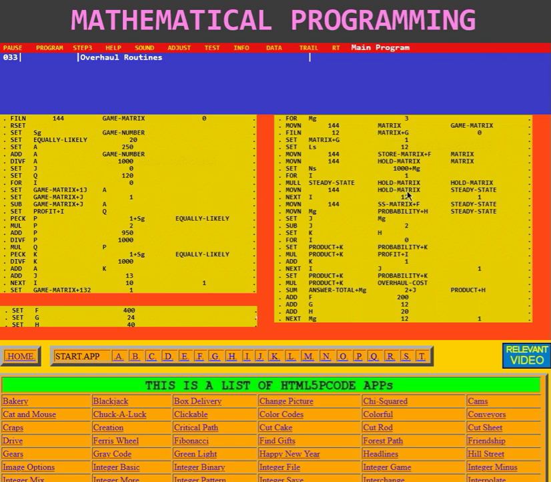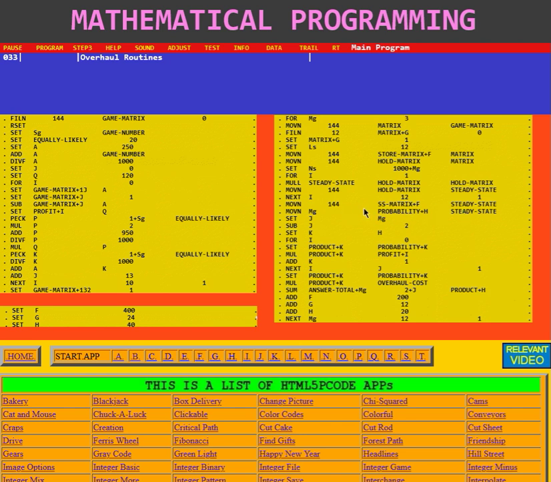Then it should reach the steady state, multiplying that many times. So the very next thing it says is we're going to store that in SS matrix at offset F. F down here changes by 200 every time it goes around. So it's saving every one of those steady state matrices.